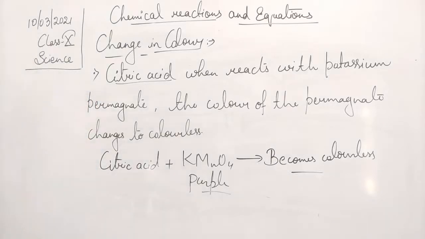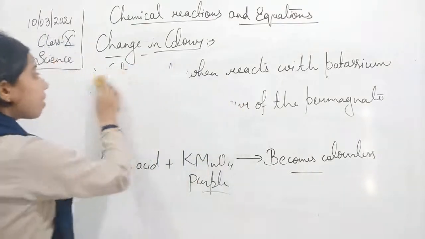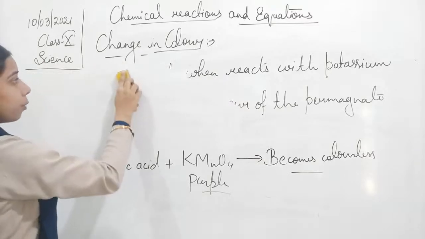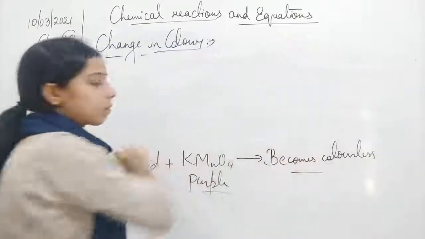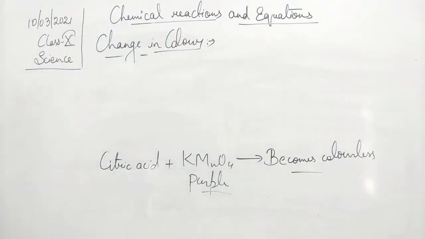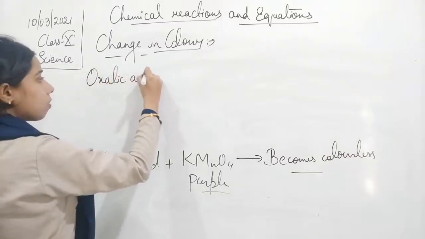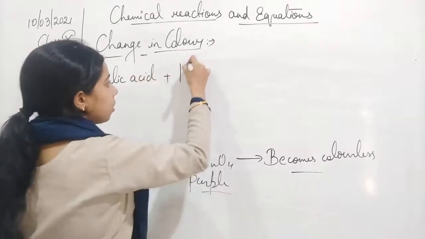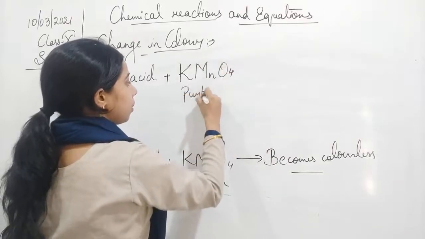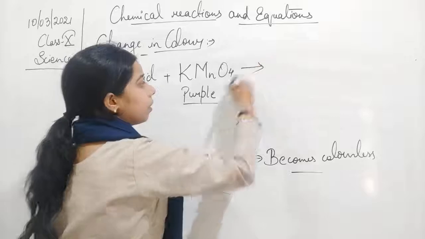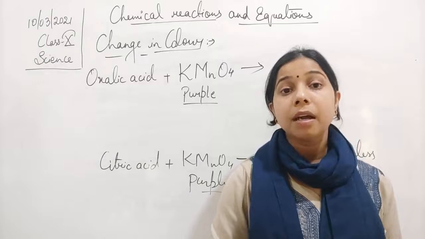Okay, another example, student, we can take that not only the citric acid, but when the oxalic acid reacts with the potassium permanganate, that is purple color, then the color starts disappearing and finally it will become colorless.